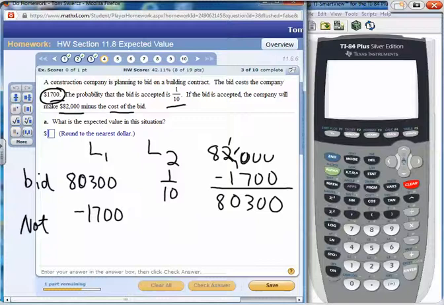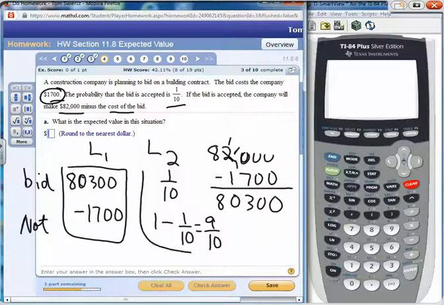Now, it's going to be 1 minus 1/10, which will be 9/10, right? 1 minus 0.1 will be 9/10. So these will be our values in L1, and these will be our values in L2, and we'll go ahead and get our expected value.